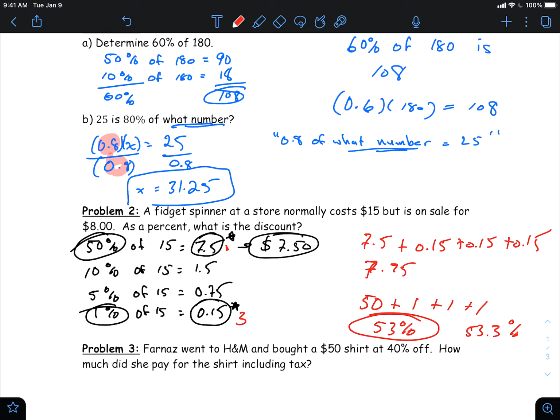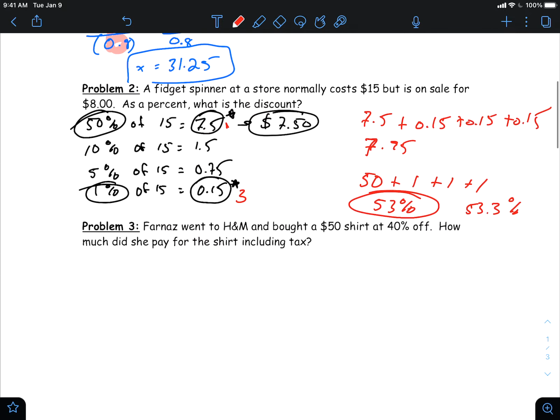Okay, if you wanted to do the next question, you could do the same thing, but if you wanted to use your calculator, which is probably what most people would do walking around a store, they pull out their phone and figure out the percent discount, or what the shirt is going to cost.